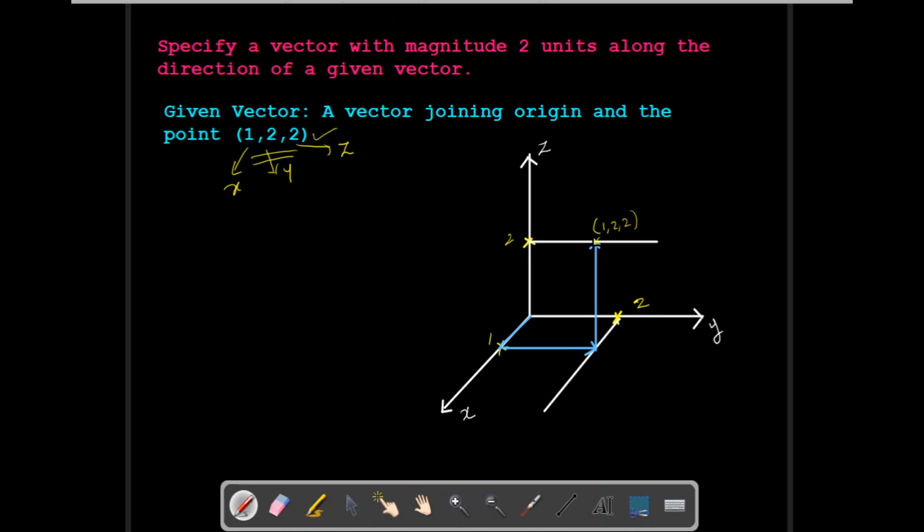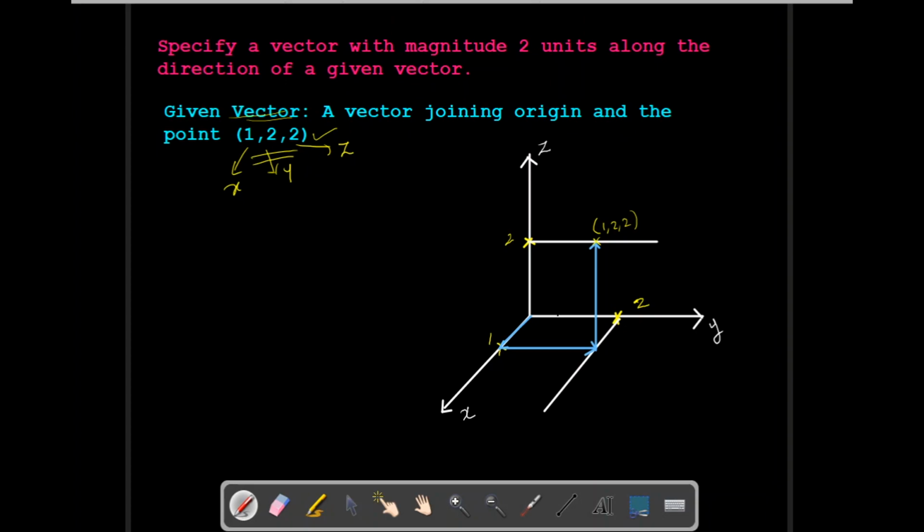Now what will be my vector? My intention was to find the vector, so that I can specify a vector with magnitude 2. How to do that? I started from the origin, so my resultant vector can be drawn by applying vector algebra. This first vector, added with this parallel vector, added with this z vector, will give me the resultant vector.